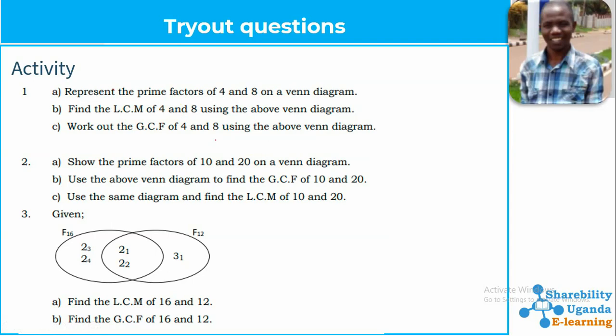So in this lesson we are going to look at more questions as indicated here. We also looked at our question 3. Please, if you are not able to follow these questions, you can preview some recent lessons that we did for you to move with us on the same page.